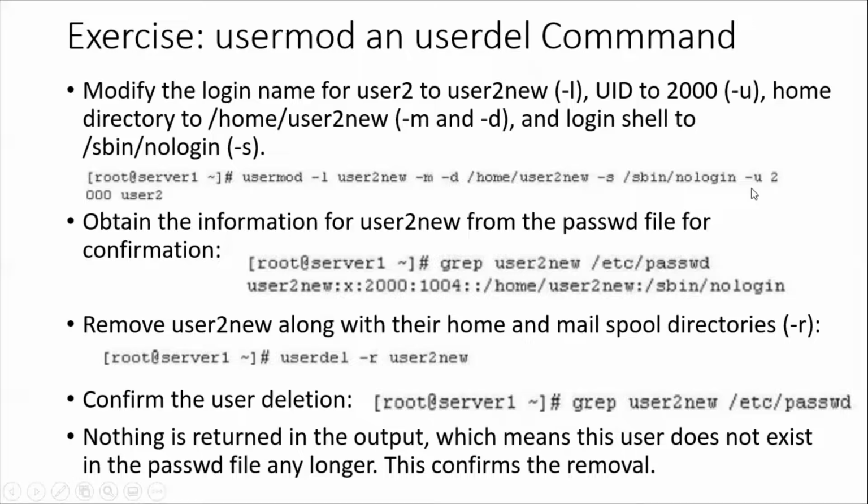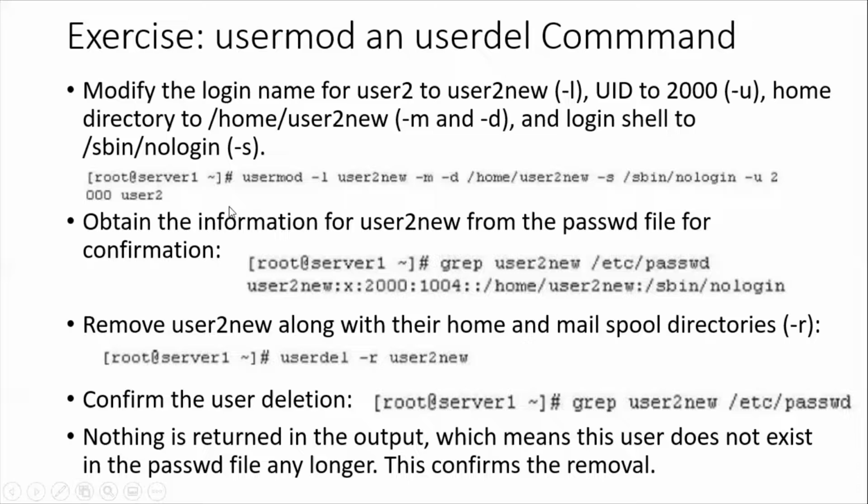And -u means we are changing the UID, user ID, to 2000. Okay, and at the end we tell the username on which this usermod command will get executed and will change all these values.